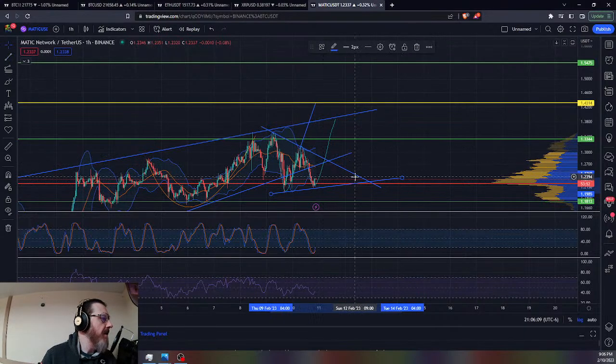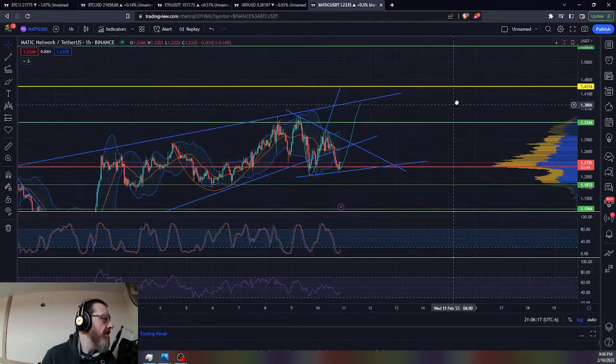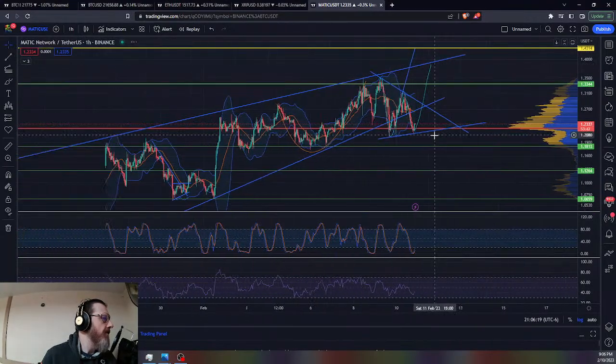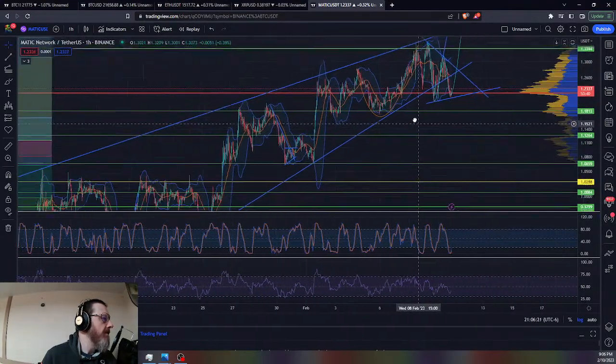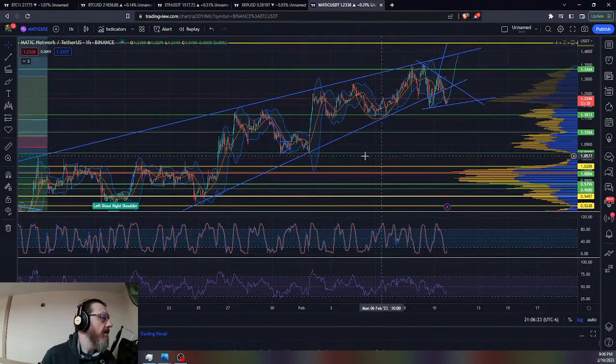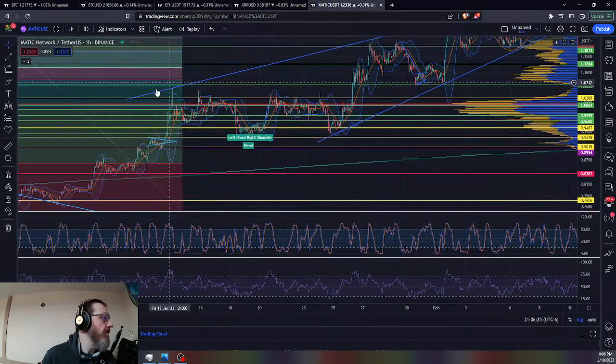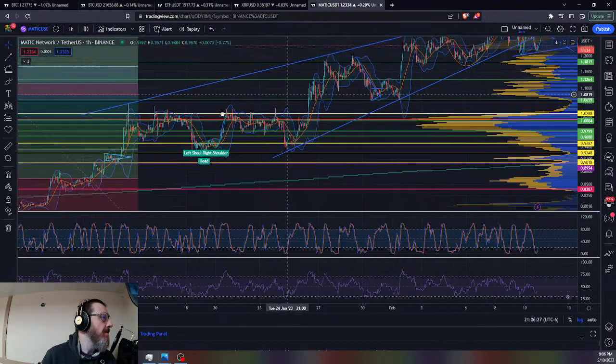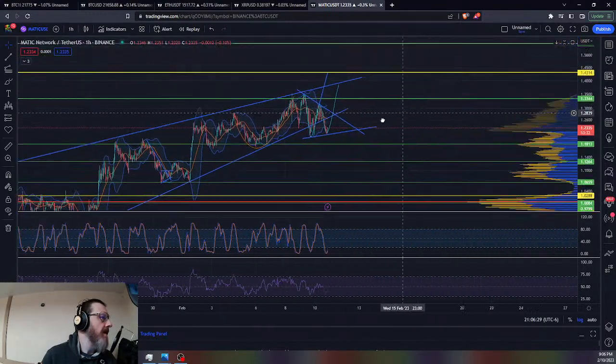And it could sort of spend some time in this funky triangle type of pattern. Matic likes to make some pretty sharp and dramatic triangle patterns. Adjust this line a little bit here. Not too bad, not too bad.